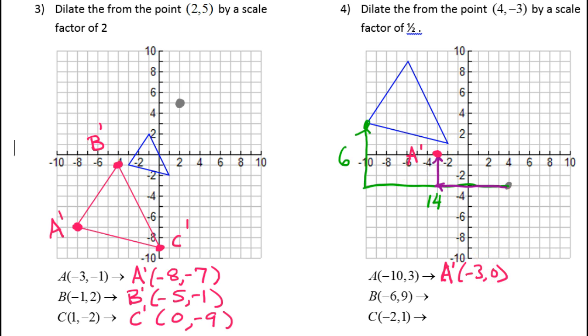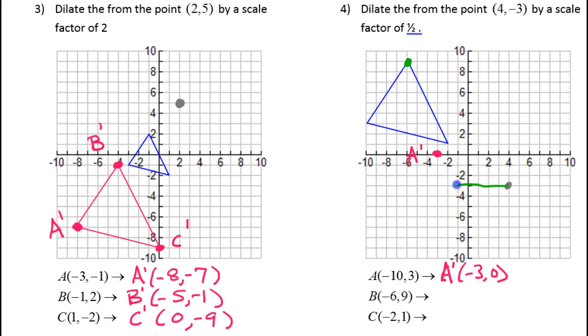Alright, let's clean that up and go after point B. Point B is right here at negative 6 comma 9. So from the center, what path would I have to take?